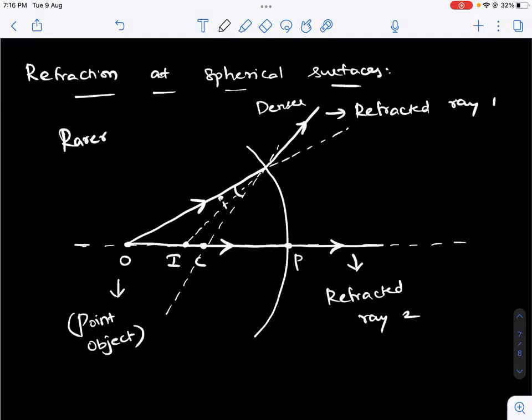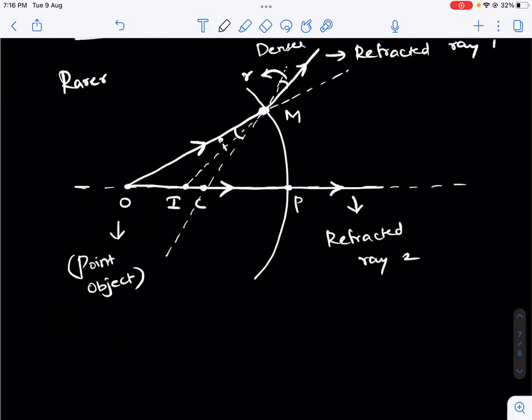Okay. Now, the second point to be noted is this is the angle of refraction. Is it clear? Now see, if I take this point to be M, even before we proceed, there are certain assumptions that we need to know.